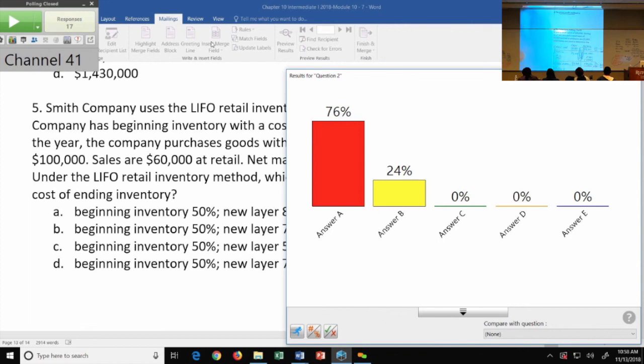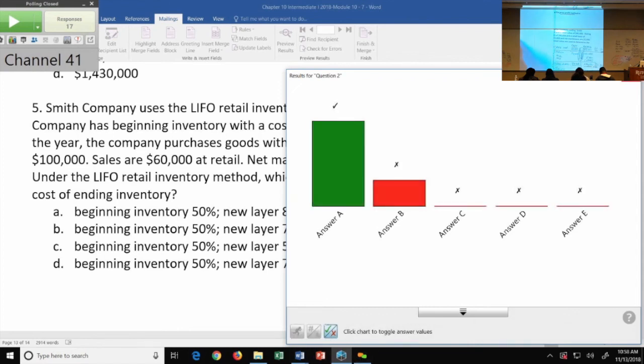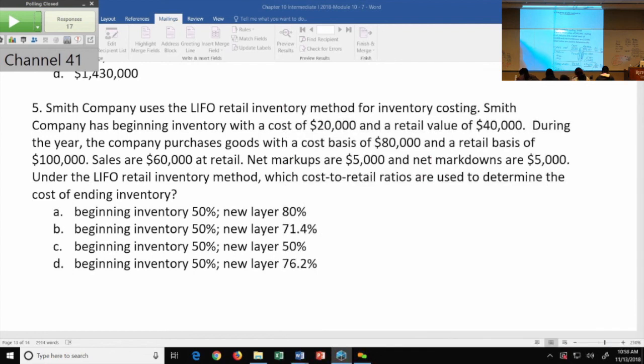So the correct combination is going to be 50% beginning layer, and 80% for current.